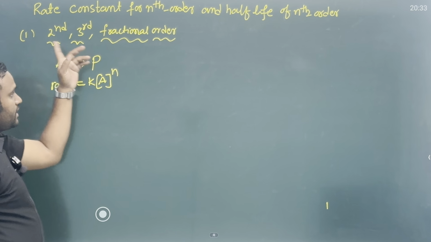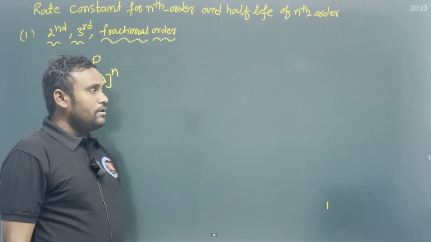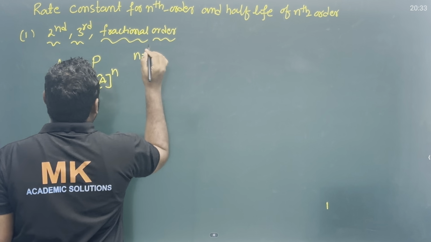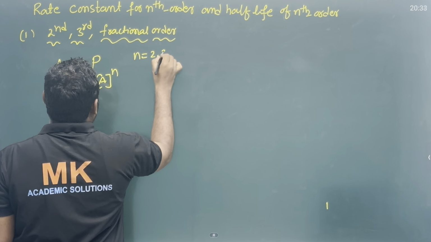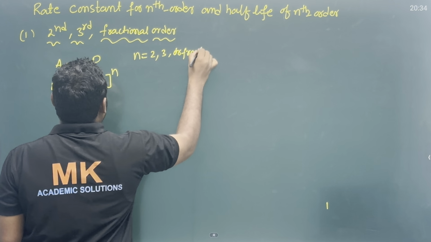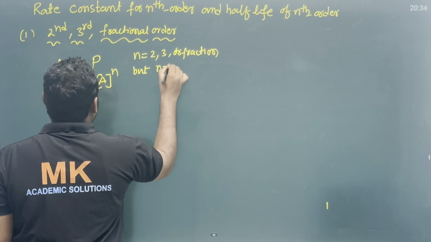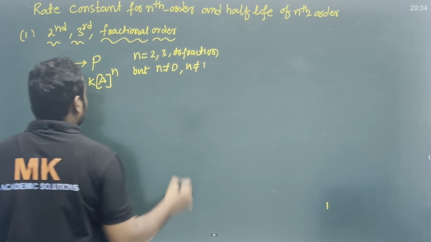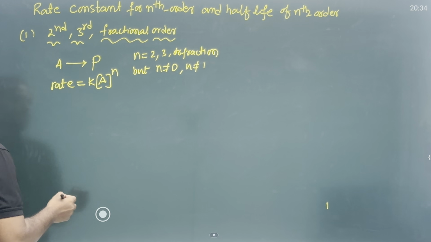Here n may be second order, third order or fractional order, but n is not equal to 0, that is zero order, and n is not equal to 1.